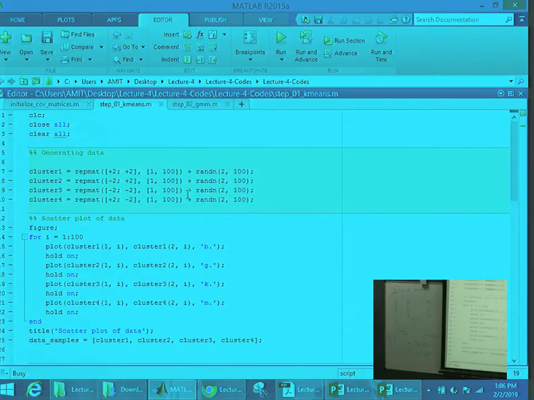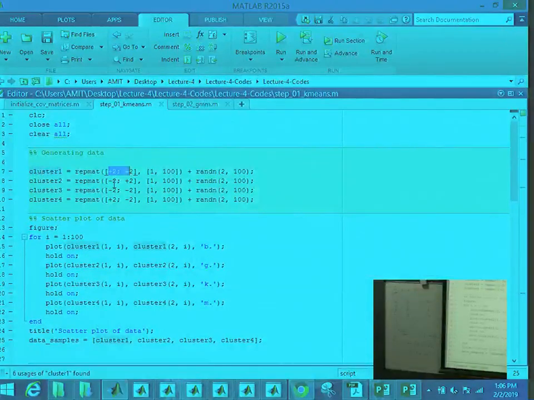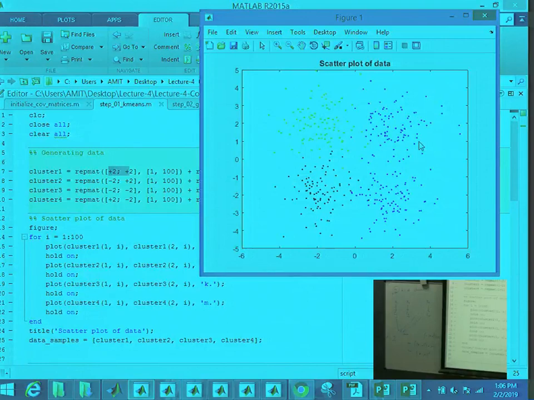So what I did was, I generated some 4 clusters. The first cluster with mean 2, 2, the second with -2, +2, then -2, -2 and +2, -2. So it's a 2-dimensional vector, and this is how the scatter plot of the data looks. As you can see, there are 4 clusters.